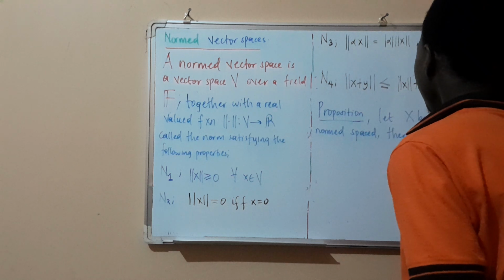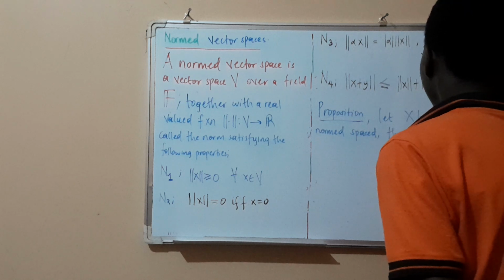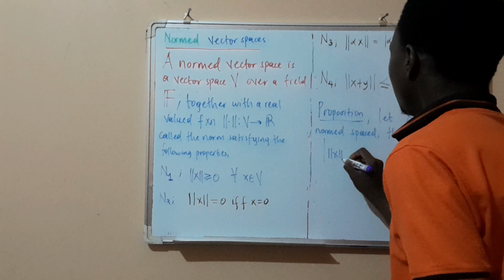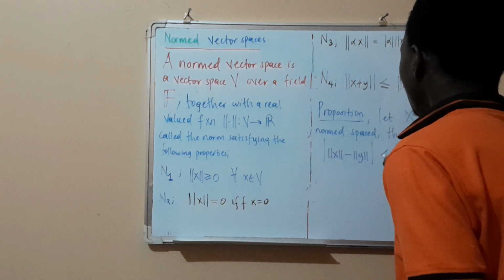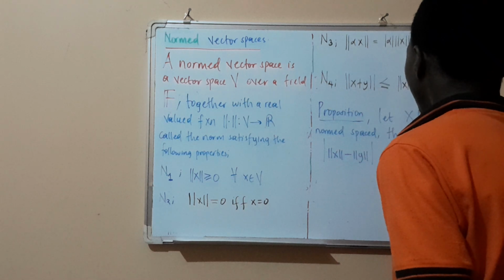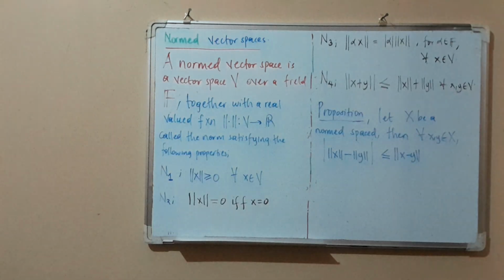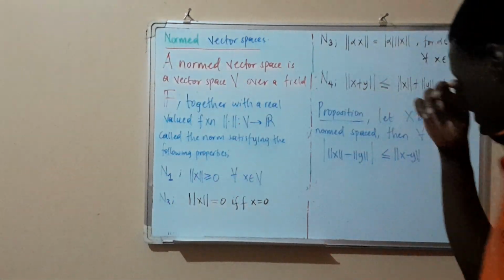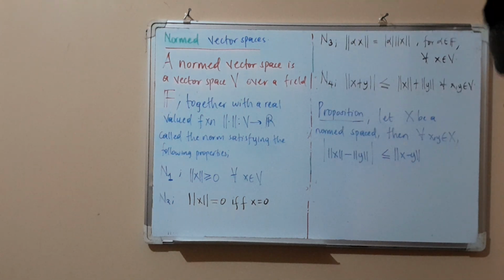Then for all x, y in X, the absolute difference of the norms of x and y is less or equal to the norm of x minus y. We have that important property.